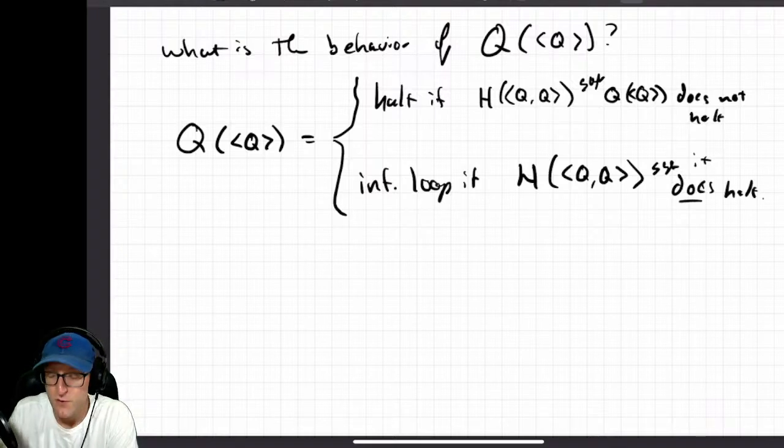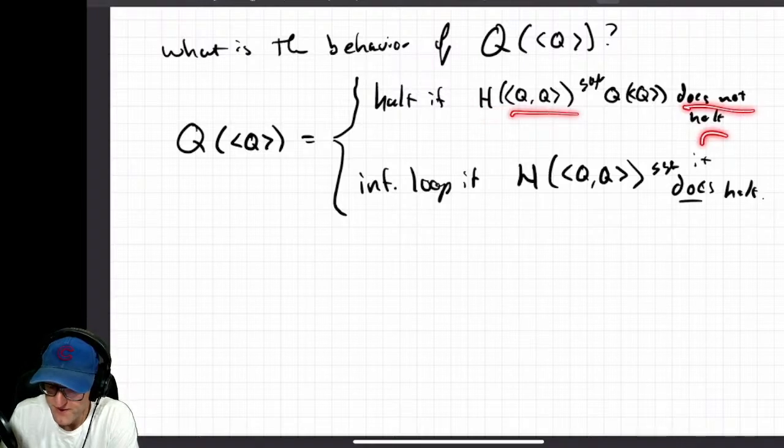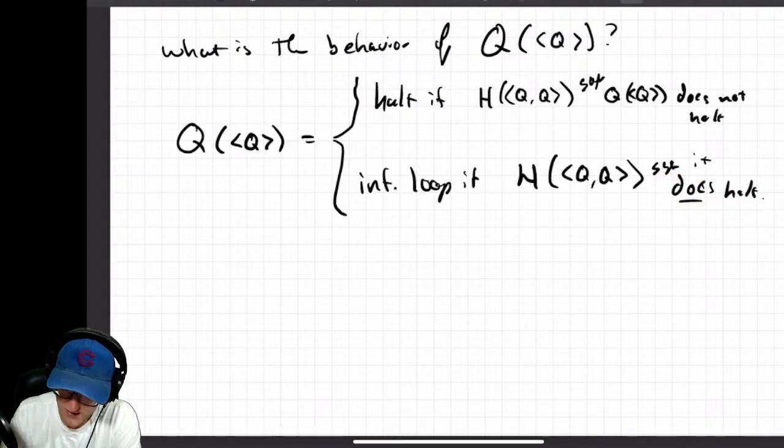Right? So we've got a contradiction here. Q on Q will halt if this supposed machine H says that it does not halt. And Q on Q will go into an infinite loop and not halt if H, given Q on Q, says that it does halt. Right? So we've got a contradiction here.